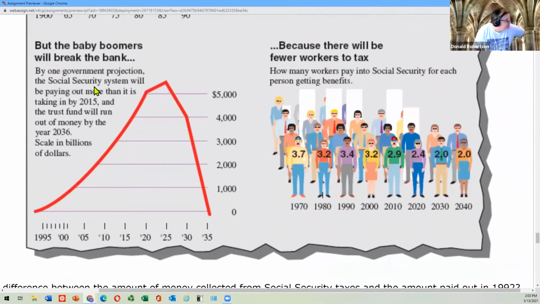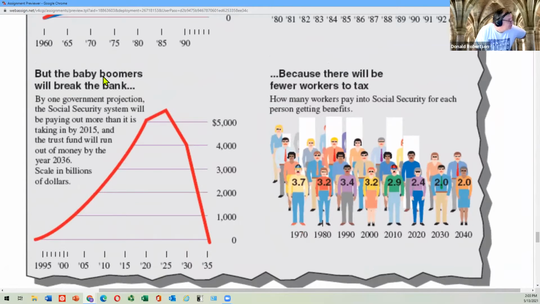And then they hit you with this one. The reason why Social Security will probably be in trouble is because of the baby boomers. Anybody heard of the term baby boomers? There's a big bump in the population caused by essentially when people came home from the war, they started families, right?